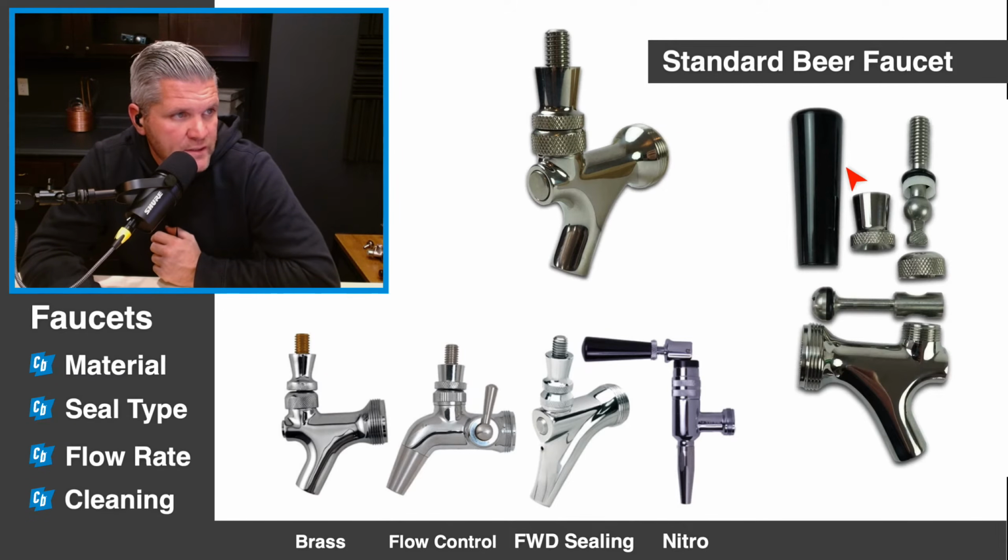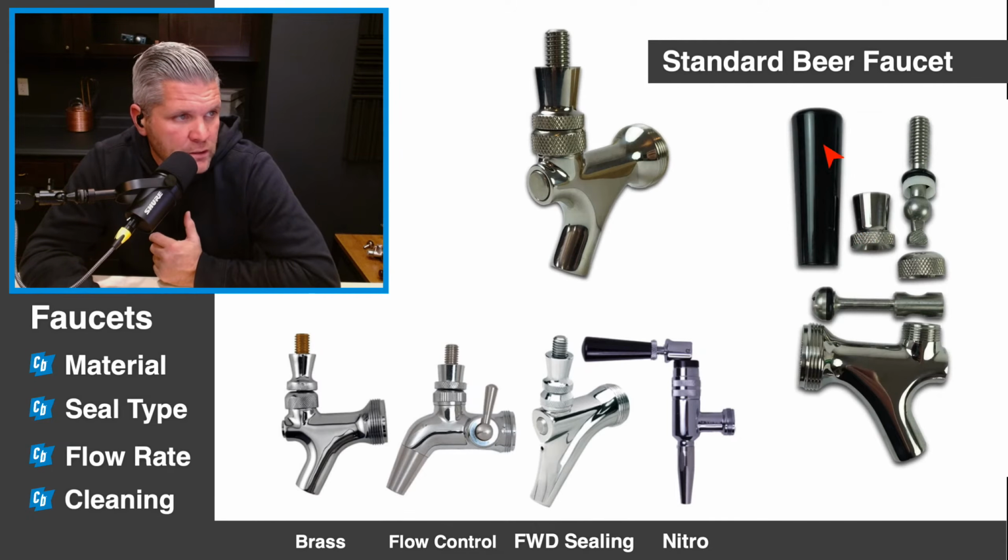And if you tear the standard beer faucet apart, you've got the shaft that's inside of it, which connects to your lever. It's connected to your lever by a bonnet here. This bonnet screws down and holds the lever in place. And then this collar up here is on top. This screws onto your lever as well.